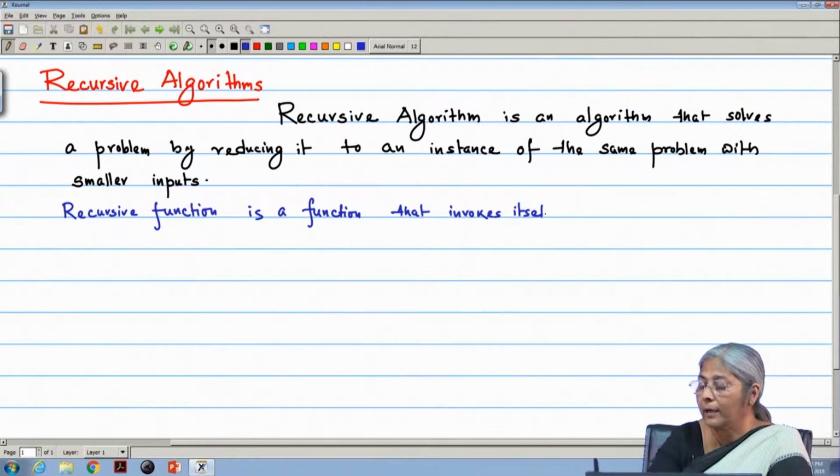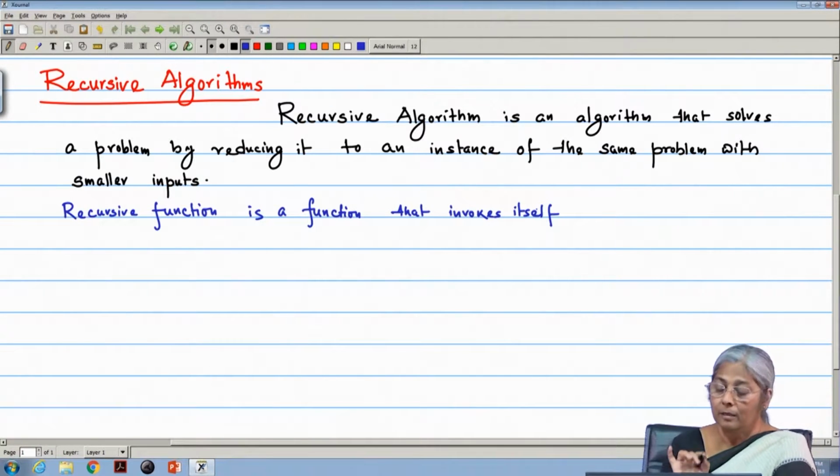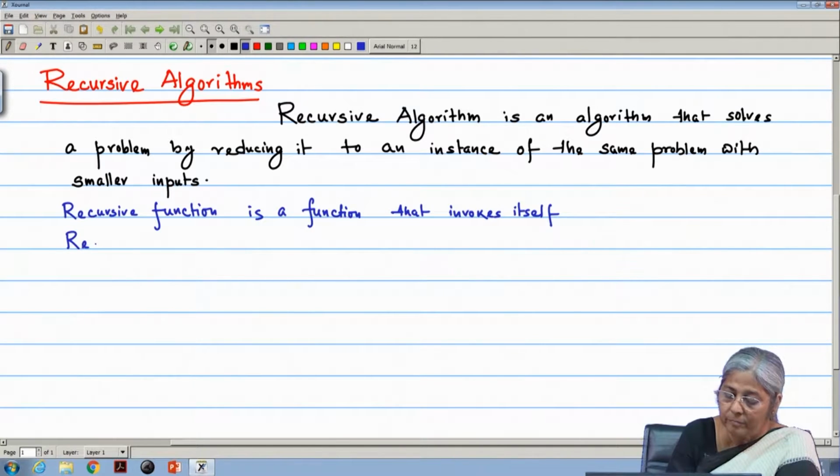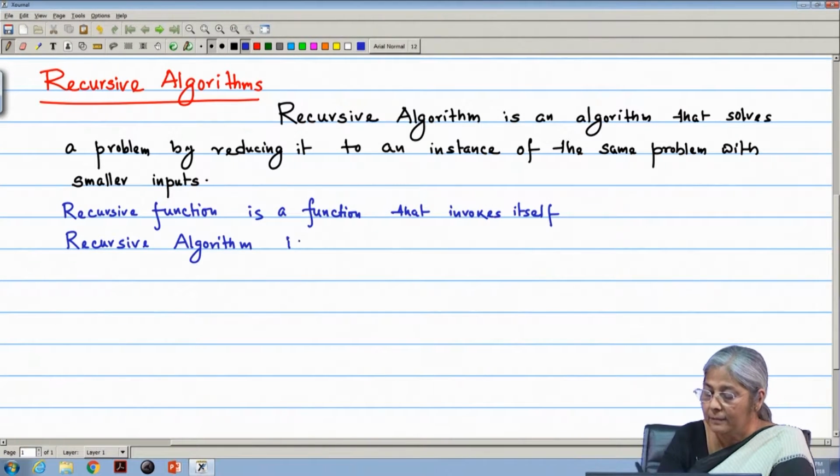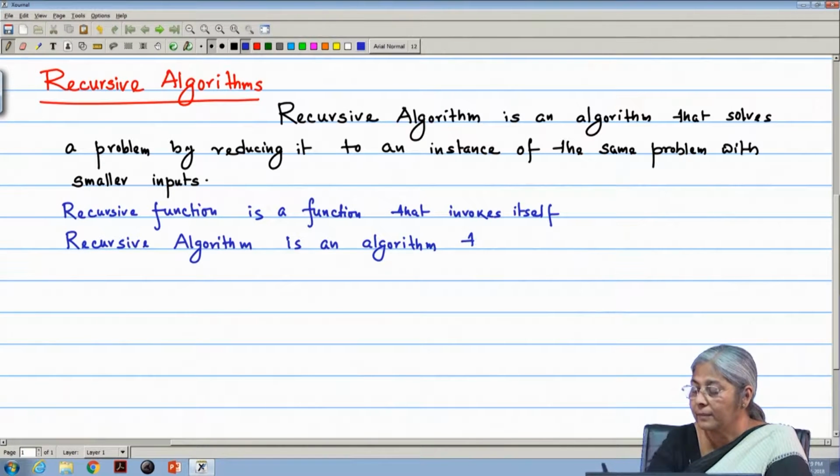So, in a very simple way we can say that a recursive algorithm is an algorithm that contains a recursive function.